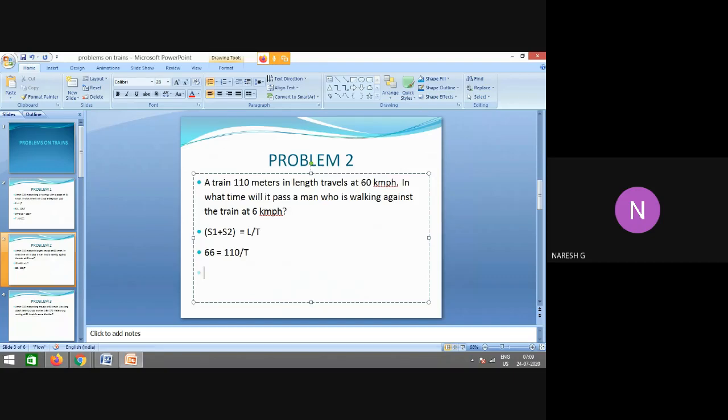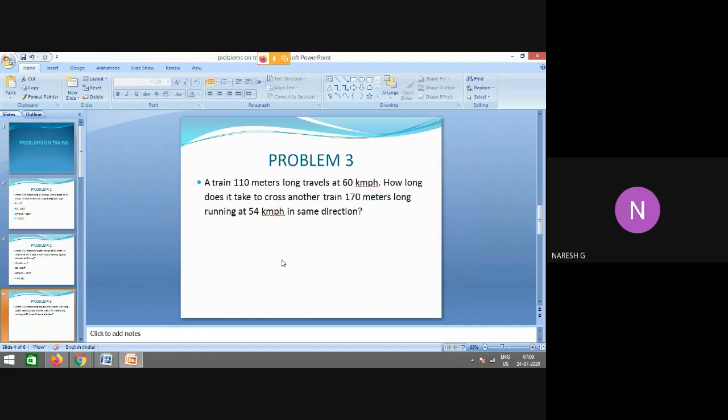We have to convert that kilometer per hour to meter per second, multiply by 5 by 18. So 66 into 5 by 18 equal to 110 divided by t. Now by simplifying that one, we'll get that t equal to 6 seconds. So it takes 6 seconds to cross a man who is moving in opposite direction with 6 km per hour.